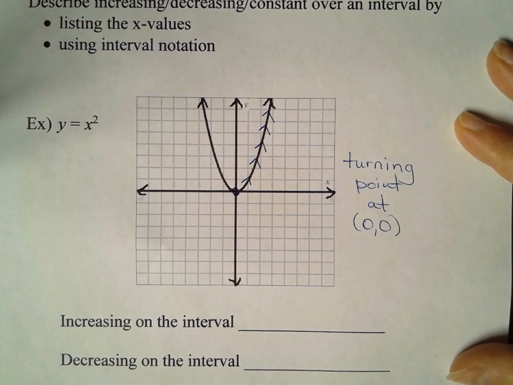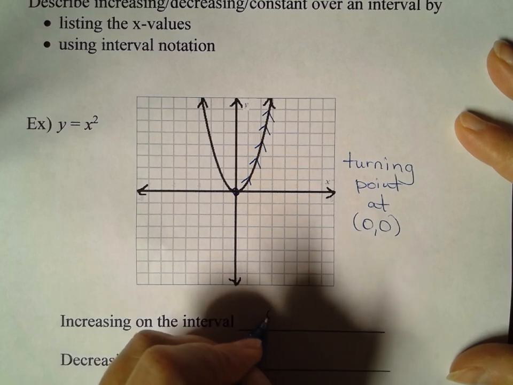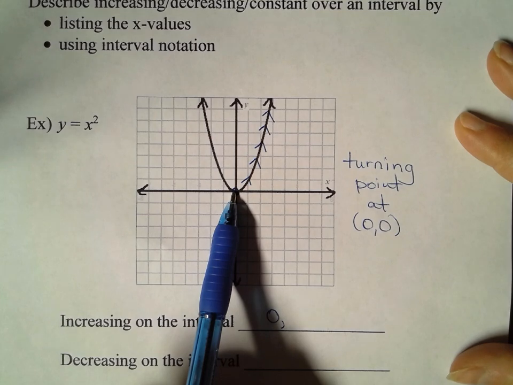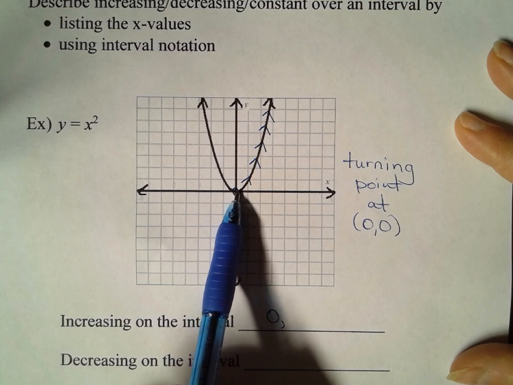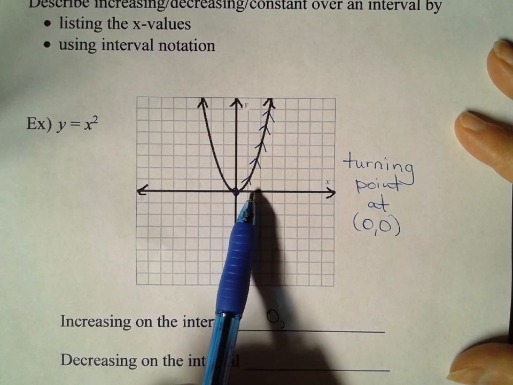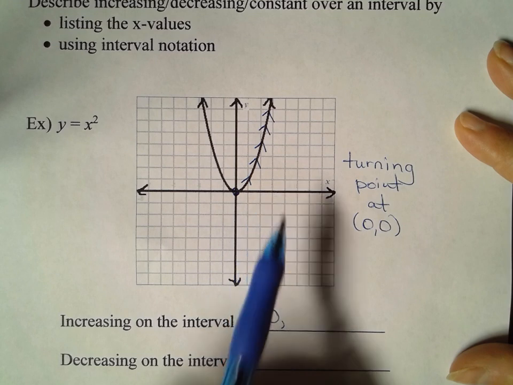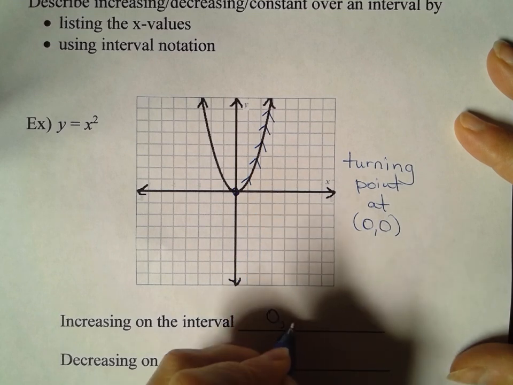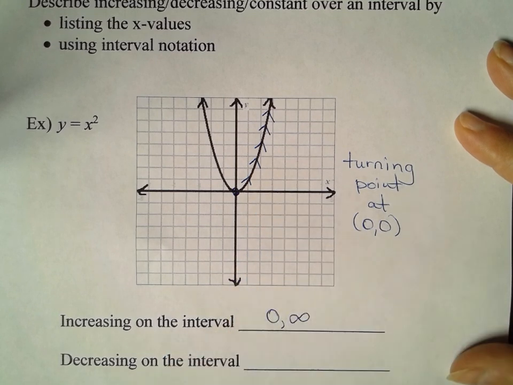So if I want to describe that in interval notation, I'm going to start with 0. That's where the right-hand side of this graph begins. And as I move to the right, I can see the y values getting higher and higher and higher. And there's an arrow, so it's going to continue that pattern until infinity.